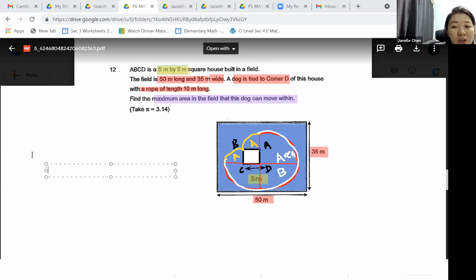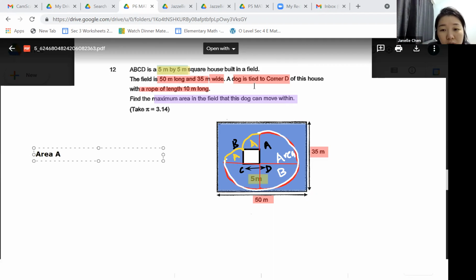So I'm going to find area A first. For area A, we are finding two quadrants. I'm just going to take half, or you can take 1/4 and then times 2, then times pi. In this case, they want us to use pi as 3.14. And then I will times the radius.